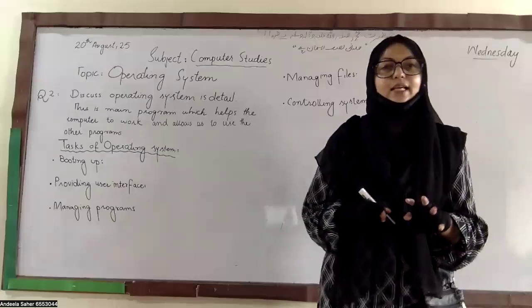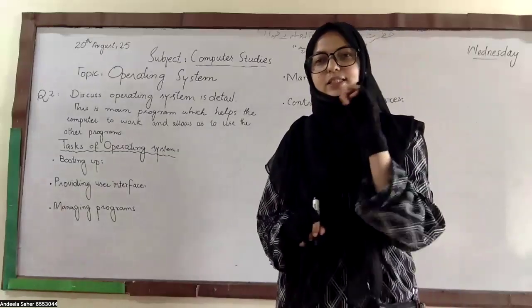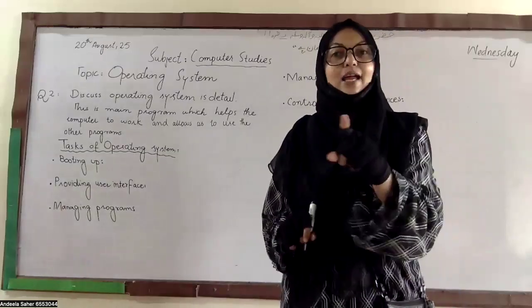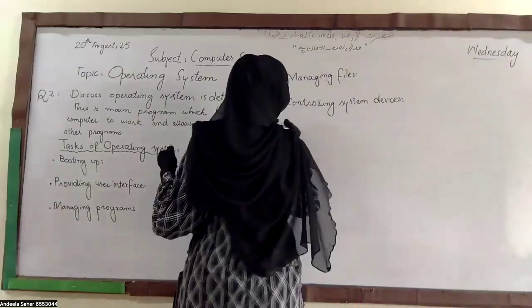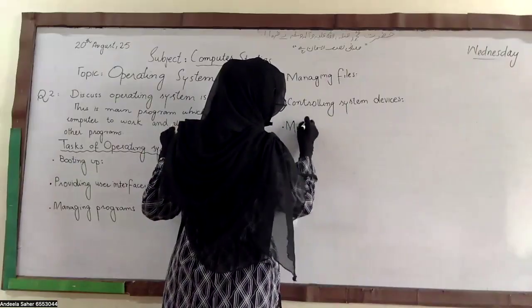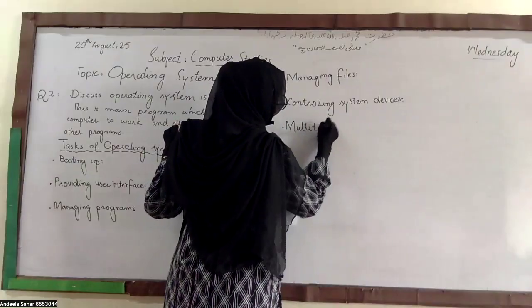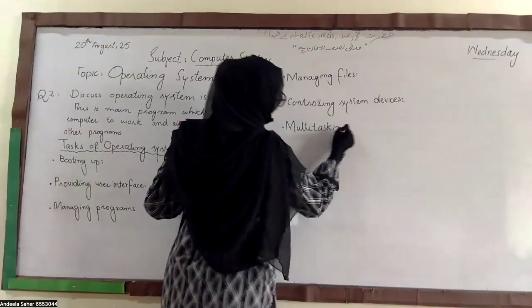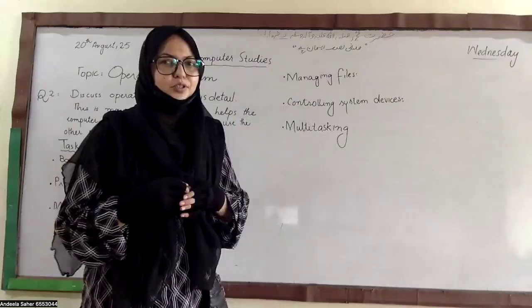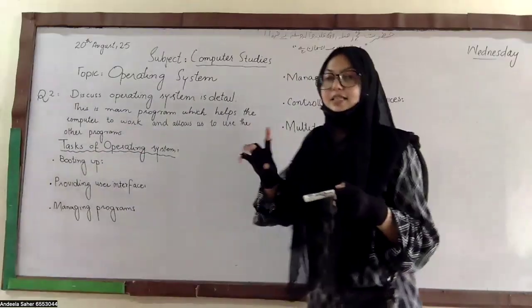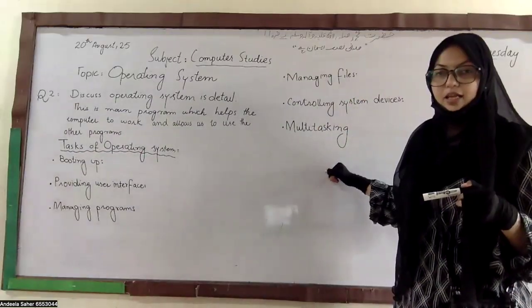The next is the most important task right now, which I am doing with my computer as well. What is this? Who is going to read this word? Obviously, this is multitasking.